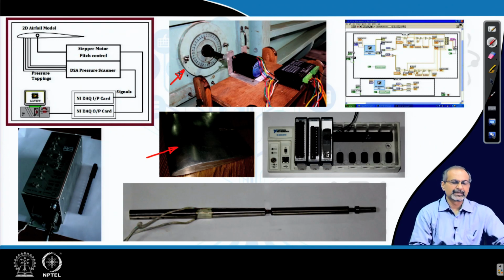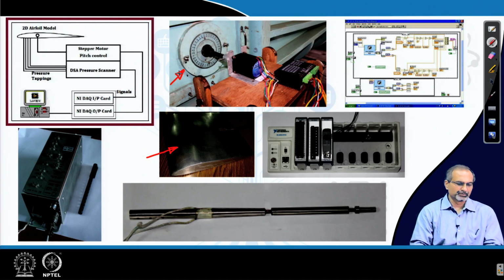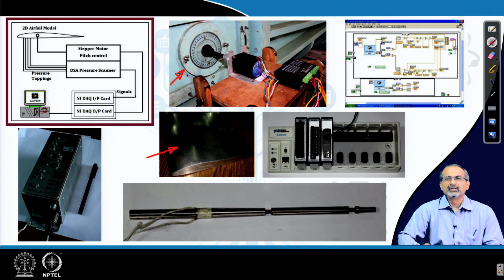If you look at electronic instruments used for wind tunnel experimentation, you can broadly classify them into three categories, namely transducers, signal conditioners and data acquisition systems. Over the next few lectures, we will spend time on these individual components, which are of very large utility in today's wind tunnel experimental world.